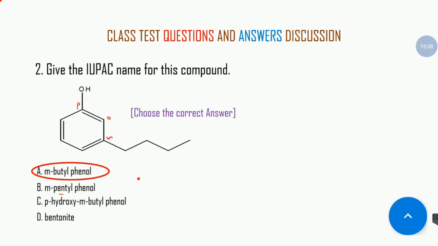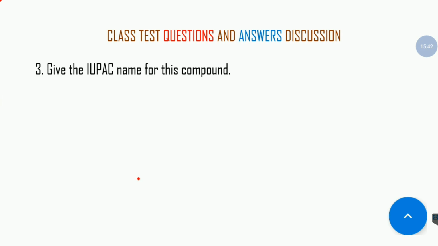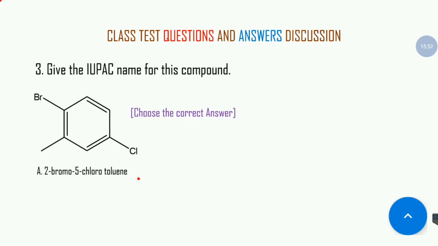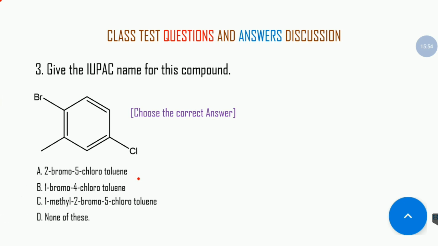Okay, next, question number 3. This one is also the same. Give the IUPAC name for this compound. Here are all the options. You have to just count the positions of the substituents.